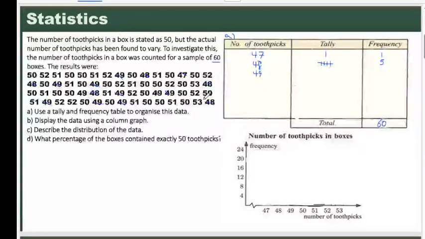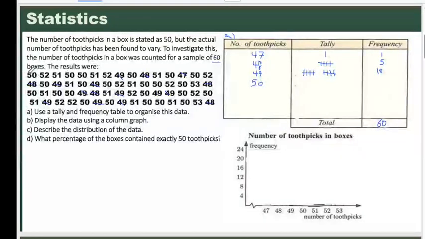And I look to see if I have more 49 or not. Oh, 10. So 1, 2, 3, 4, one group. 1, 2, 3, 4, another group. So 10.